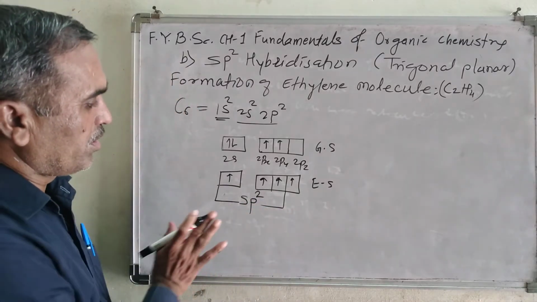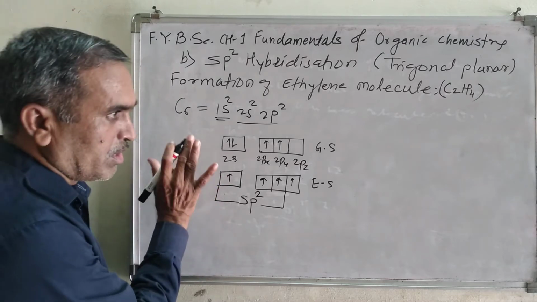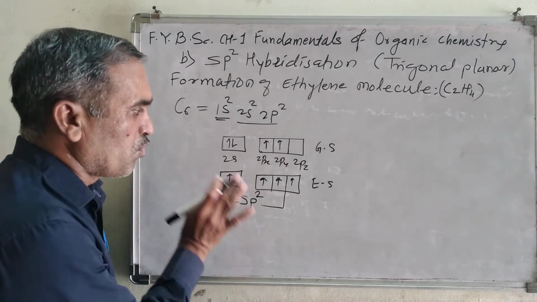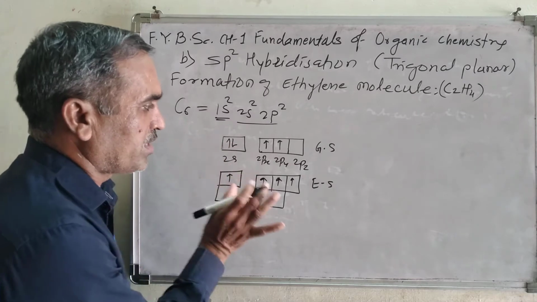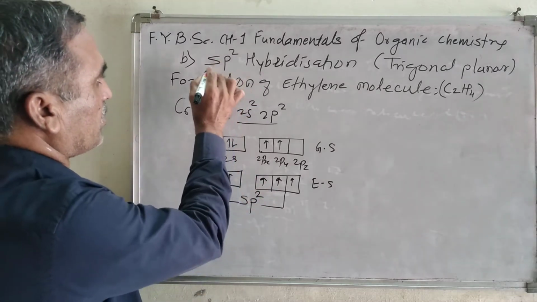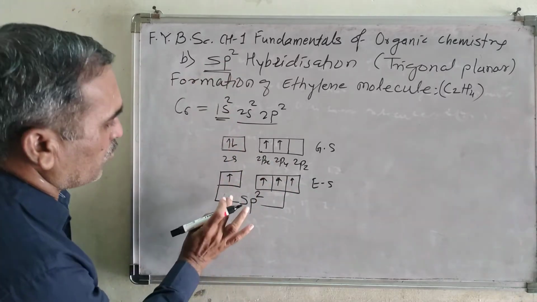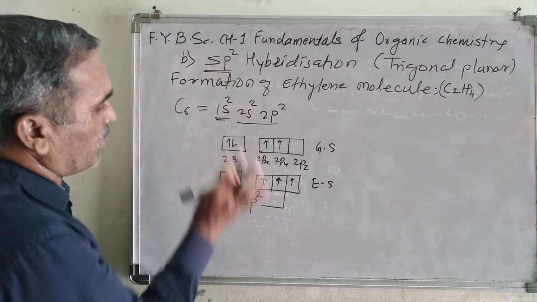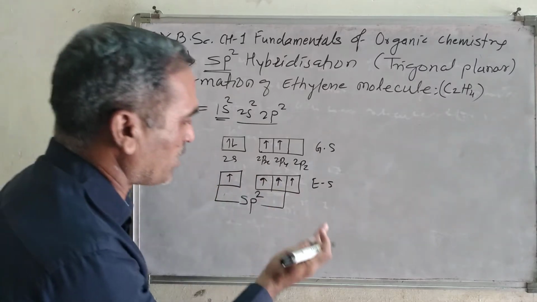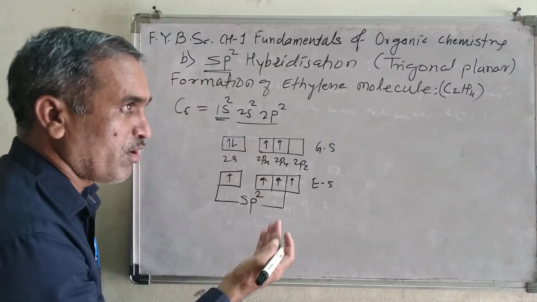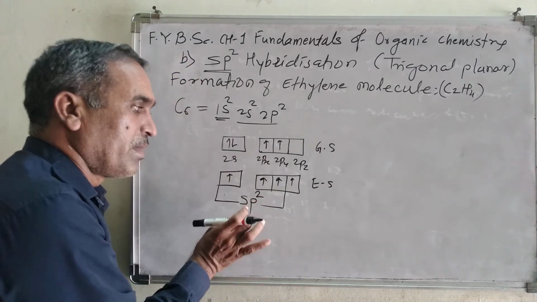Look here carefully, I am mixing only 3 atomic orbitals, because we are talking about sp2 hybridization. 1 s atomic orbital and 2 p atomic orbitals combine together and form new hybrid orbitals.